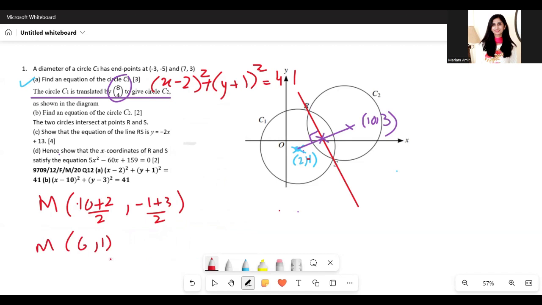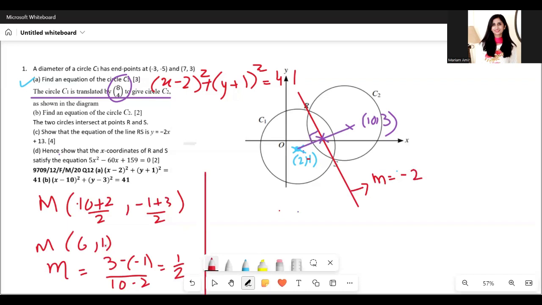Now the gradient of the points connecting the center, y2 minus y1 over x2 minus x1, we get 4 over 8, which is 1 over 2. So the gradient of this line is going to be the negative reciprocal of that, which is negative 2.